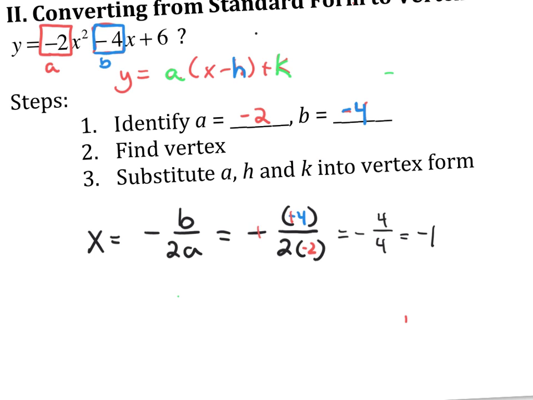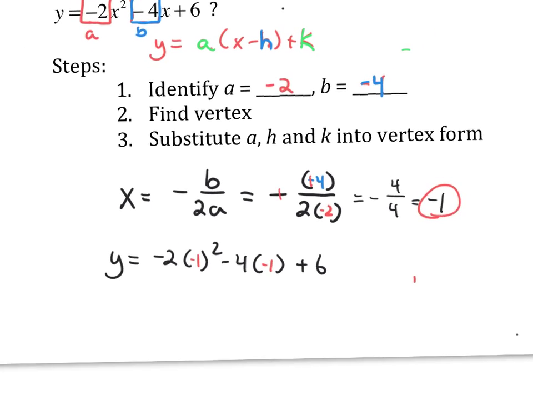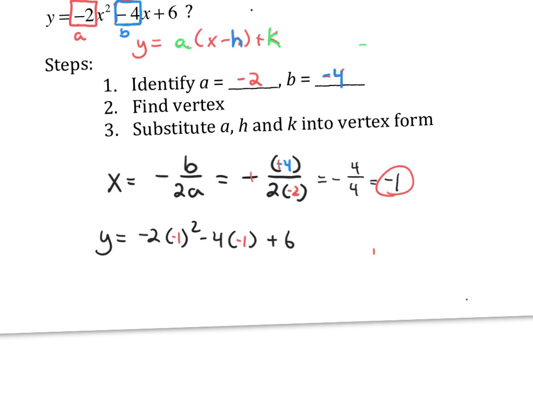Now continue. My original function is negative 2x squared minus 4x plus 6. And I'm going to take the negative 1 and substitute it in here. Okay, now finishing up here, double negative, so negative 1 times negative 1. I'm squaring first. Don't do these two negatives here.